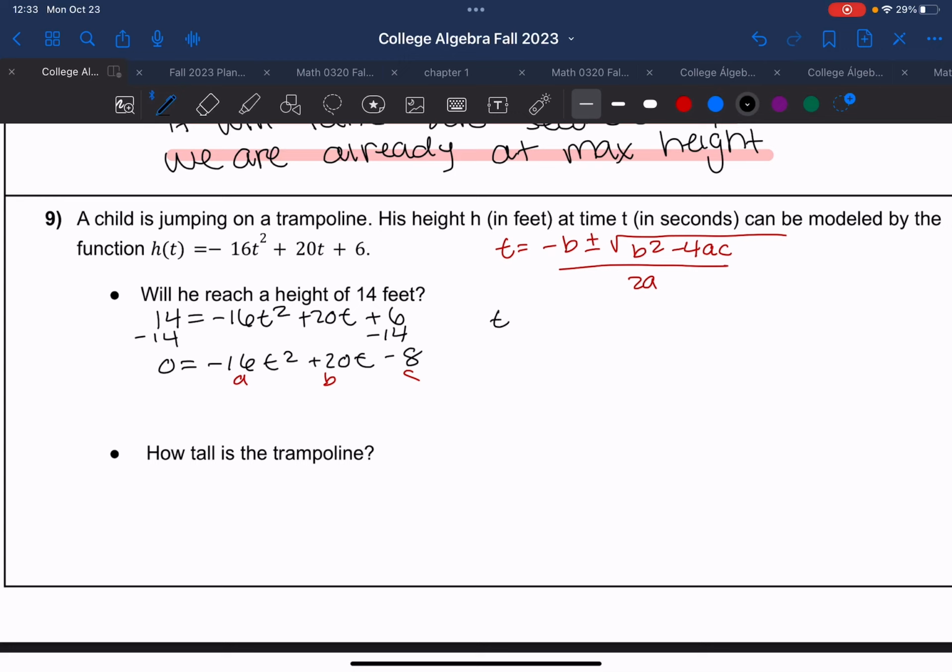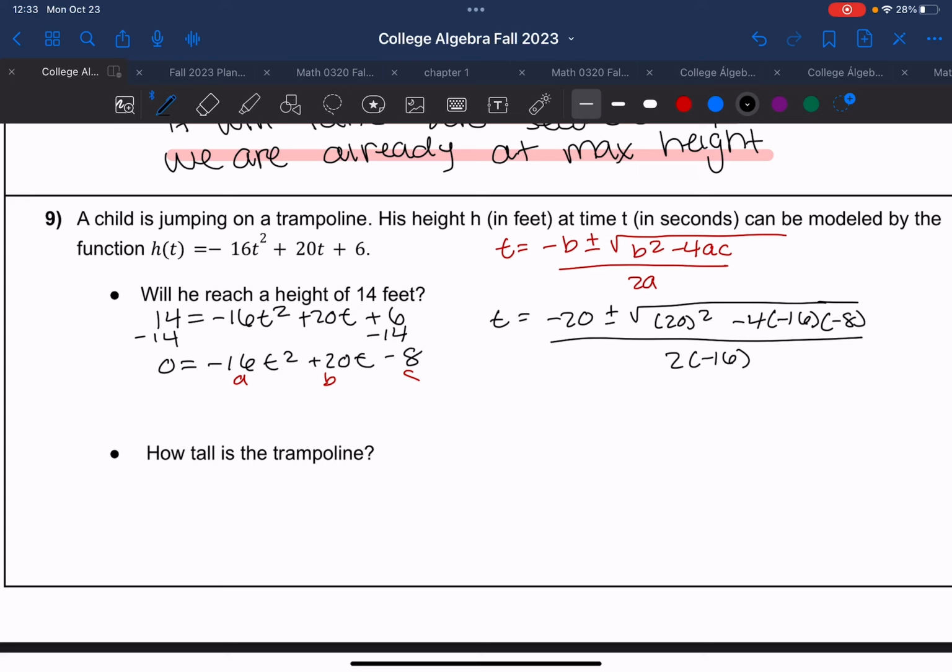So plugging everything in, we get negative b, so negative 20, plus or minus the square root of b squared, so 20 squared, minus 4 times a, which is negative 16, times c, which is negative 8, all over 2 times a. So 2 times negative 16.